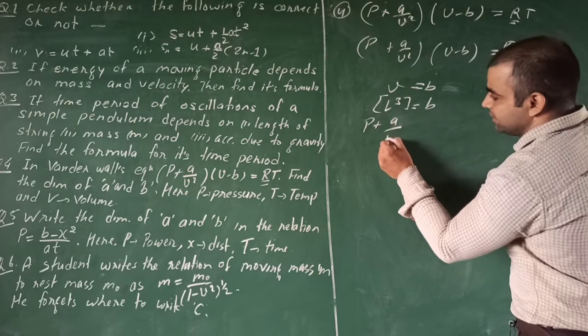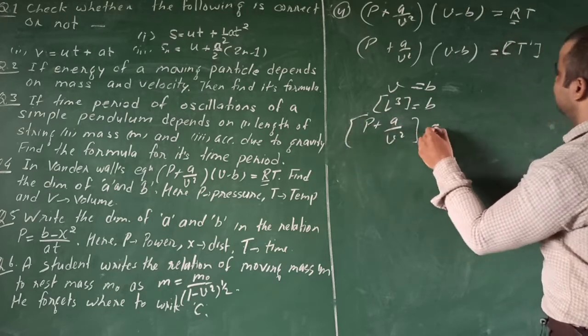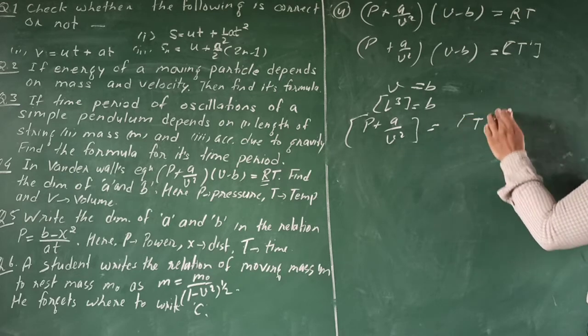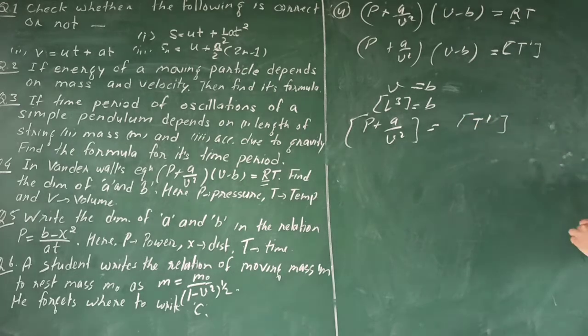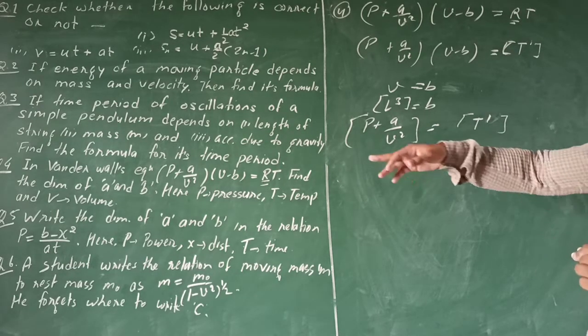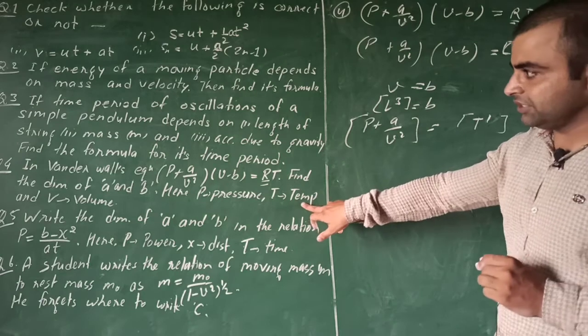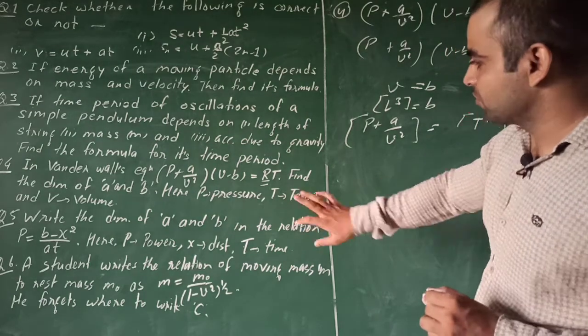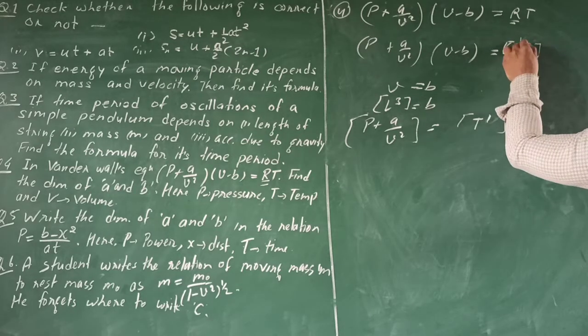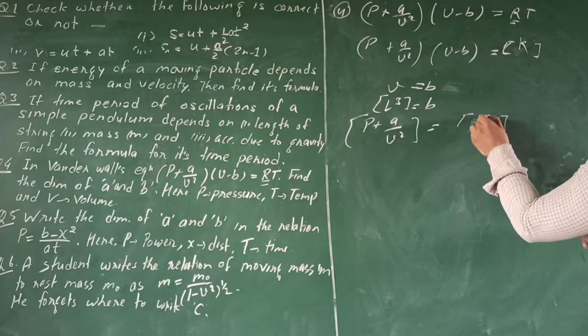P plus A by V square equals the dimension of temperature. Here T is the temperature given, and for temperature we can write K or theta.